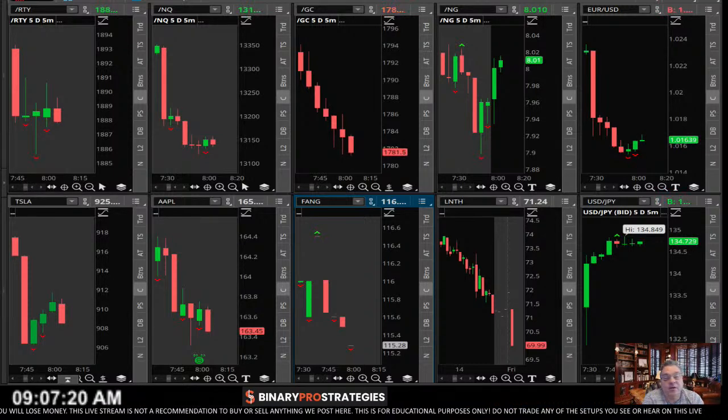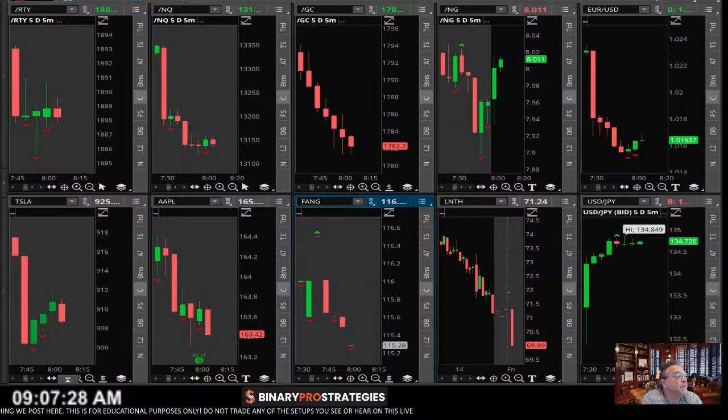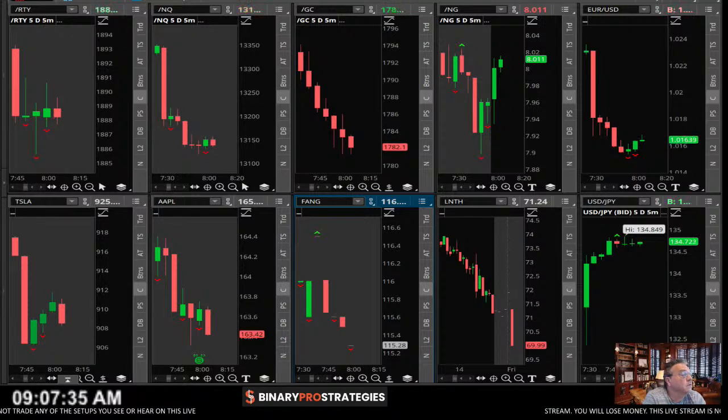That's the problem with fundamentals or the news: you don't ever know whether that information is already factored into the market or not. So even on positive news, the market can go down, as we're seeing this morning. Fundamentals are just not reliable.